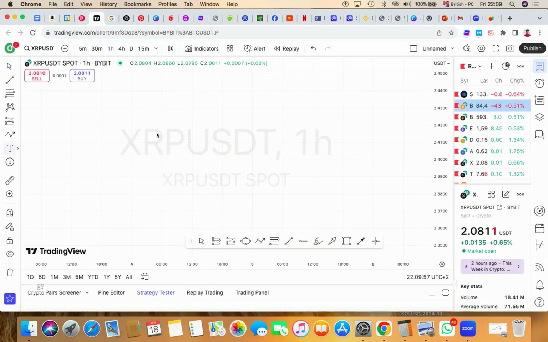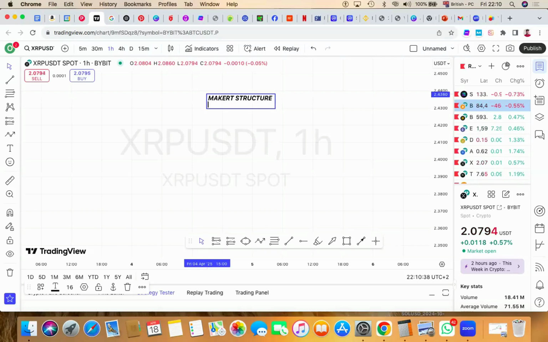So when we're talking about market structure, we have three directions in which the market moves.